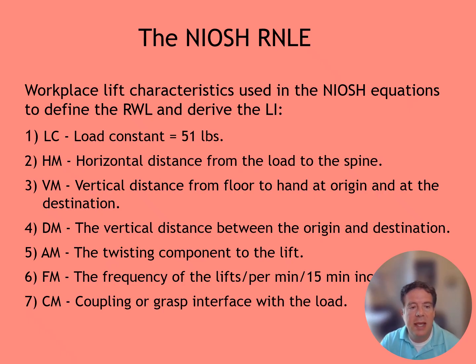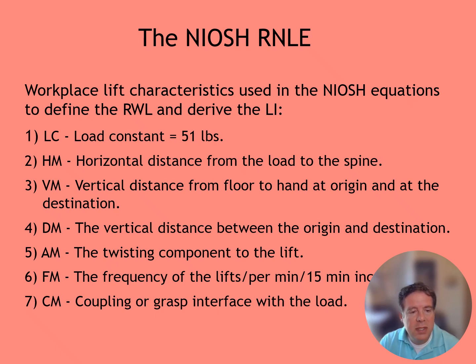This second one here is the horizontal distance. Remember, this is the moment arm, the most important one, from the center of the body to where they're grabbing it at the second knuckle. Then there's the vertical distance from the floor to where they're handling it, then the distance of how far they're taking it. You can measure that. The twist is the AM component.